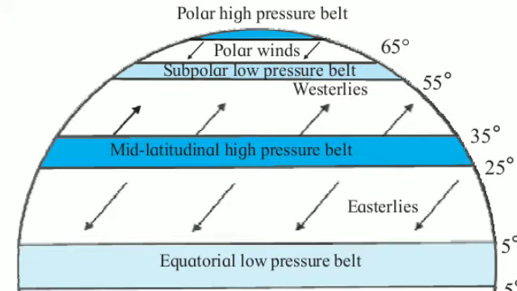If we go from the equator towards the pole, the area in the middle is less. Similarly, student, as we move from the north to the south, the area over here is also less.